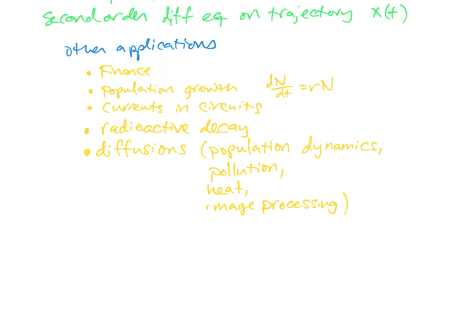Pollution is a good example of that. If you have some amount of pollution in the air and you know that it's going to be dissipating at a particular rate, then you can study how much there will be left at a particular time. Same thing with heat. My PhD work was in using diffusion equations to model image processing. There's a ton of different applications, and these things come up all the time in physical applications.